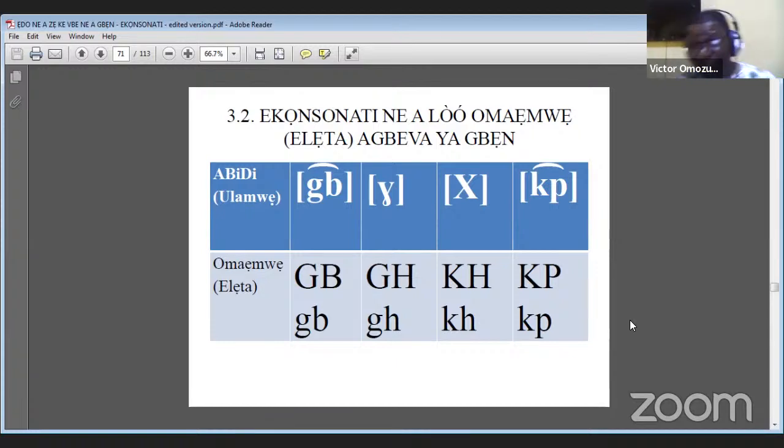But in speech, it's a single sound. It's a single sound. For instance, you have the gb here.